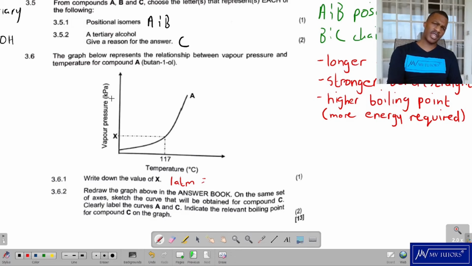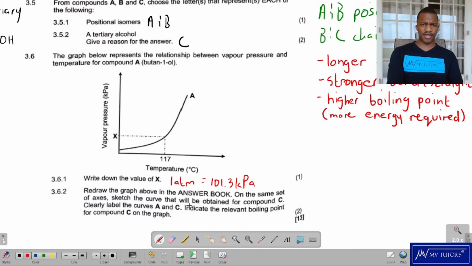But because here they gave it in kilopascals, 1 atmosphere is equal to 101.3 kilopascals. That's it.